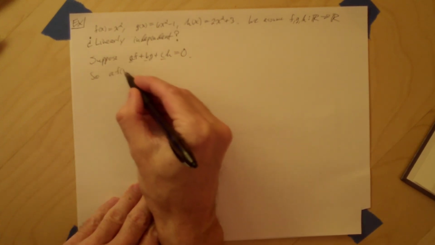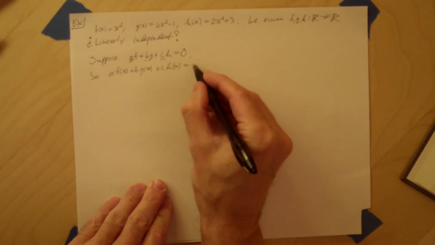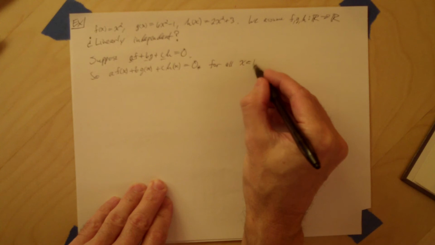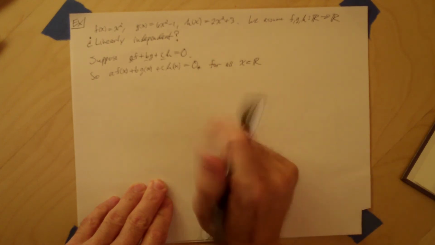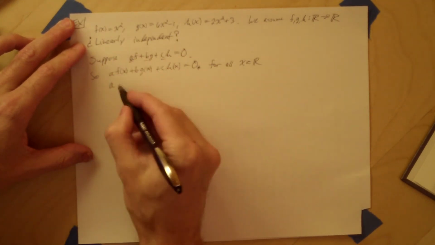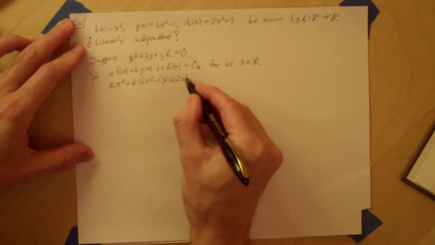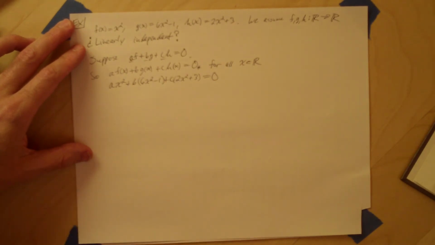So what we have here is that a f of x plus b g of x plus c h of x is equal to the number 0 for all x element of R. It's ax squared plus b times 6x squared minus 1 plus c times 2x squared plus 3 is equal to 0. What do you do?